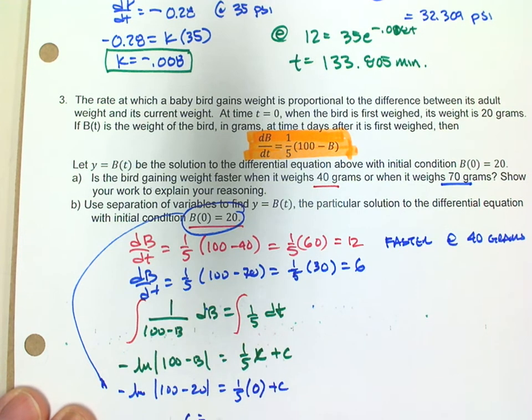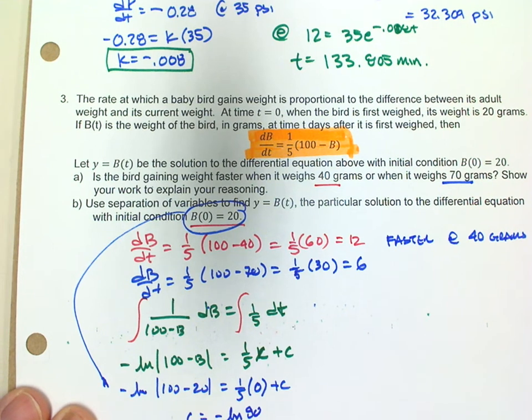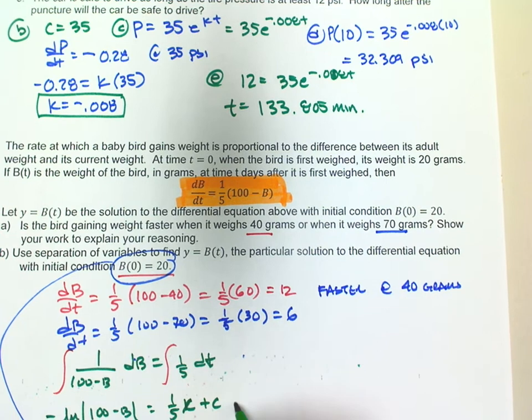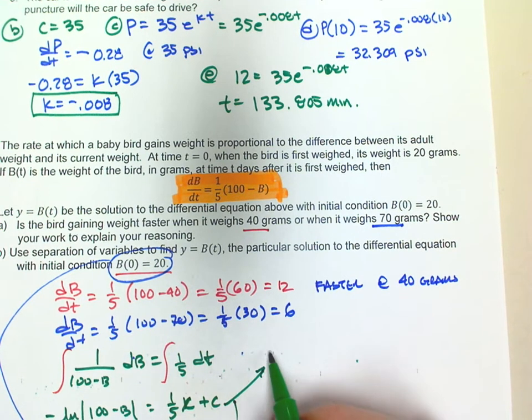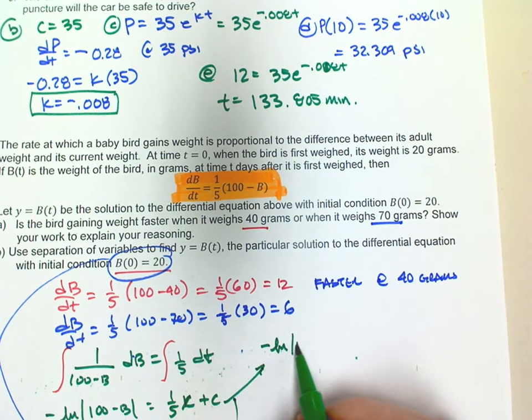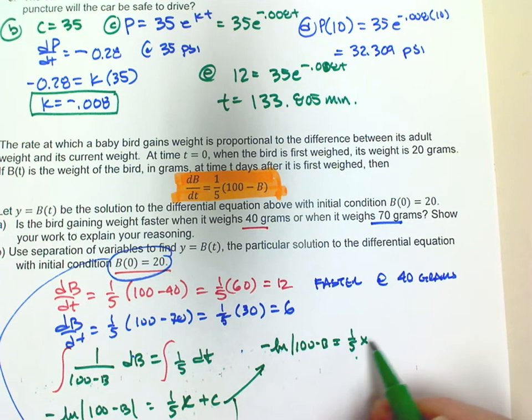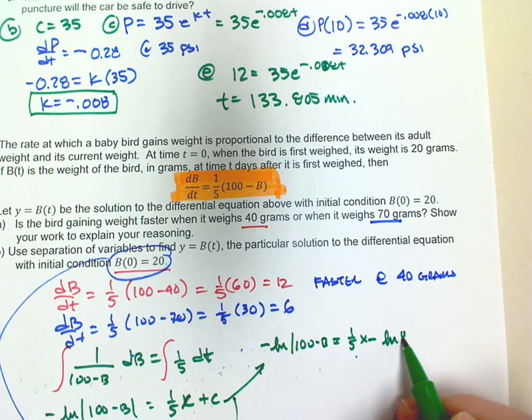So c is simply just going to be negative natural log of 100 minus 20, or 80. That's our c value, which means we can go on from here with these two. Negative natural log of 100 minus b will equal 1/5 of t minus the natural log of 80.